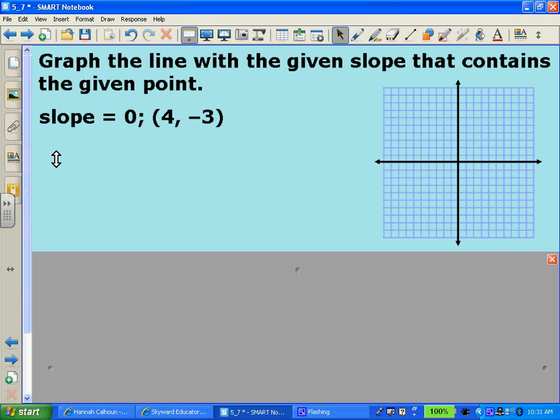Now I want to do this one last example because you'll notice it says slope 0. Now we talked about in 5-6, sorry, that when we have a slope of 0, we're going to have a horizontal line. So let's go to 4, -3. Nope, that's 4, +3. 4, -3 would be down here.